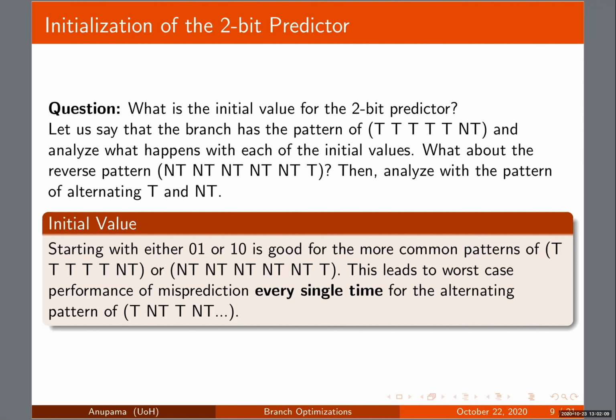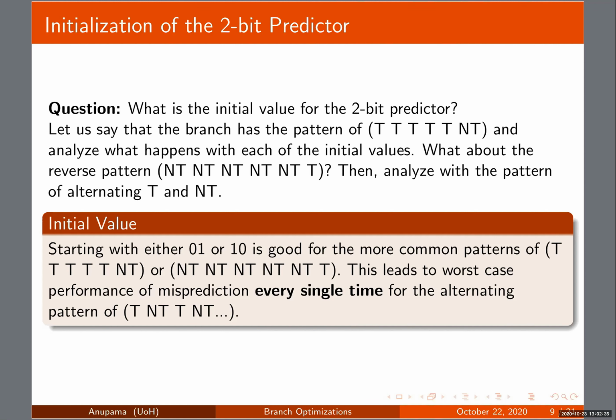So which value makes sense? For the regular, common loop behavior, because loop behavior will be either all taken and then at the end one not taken, or all not taken and at the end one taken, the 2-bit predictor initialization will be good to have 0, 1 or 1, 0. Either of them will work fine.